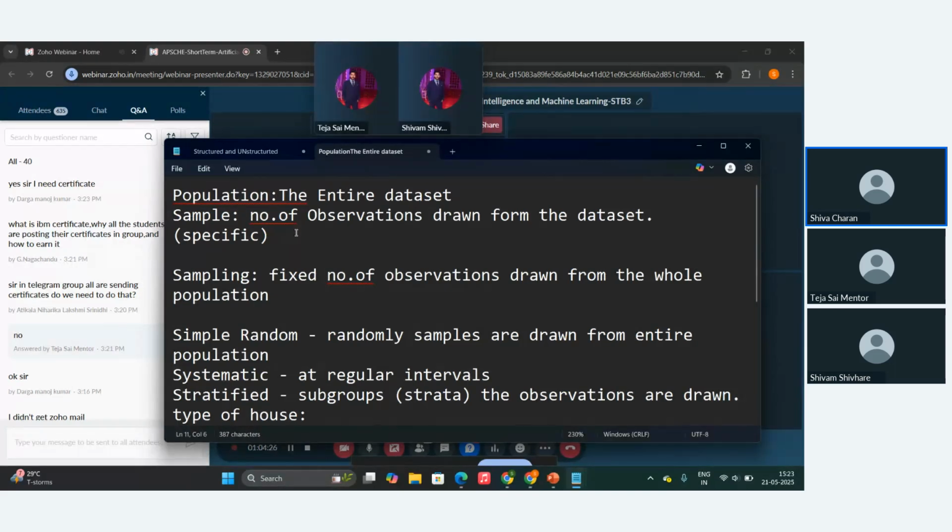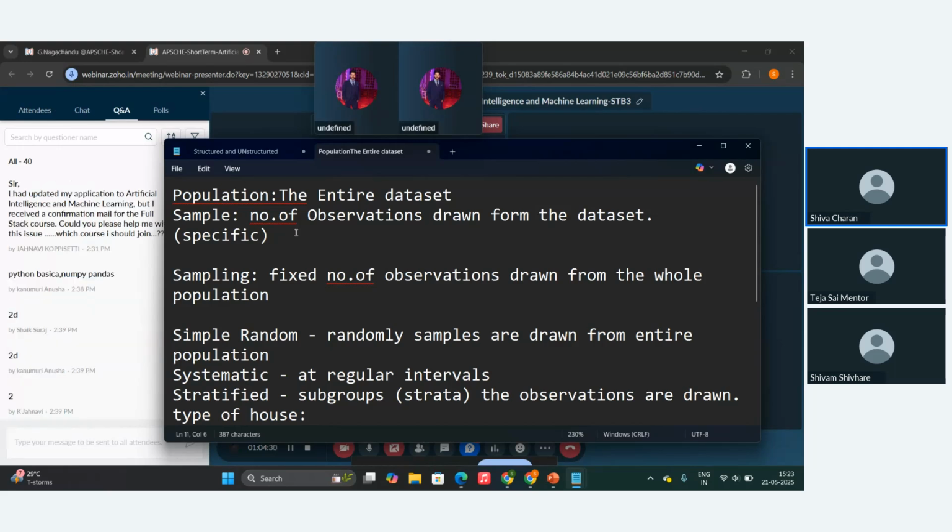If that is working fine, then I'll build my model on all the values. But how do we consider only those 100 to 200 values? There are around 7 methods, but we will discuss only 4: simple random, systematic, stratified, and clustered.